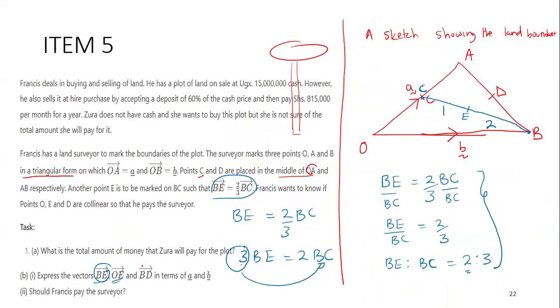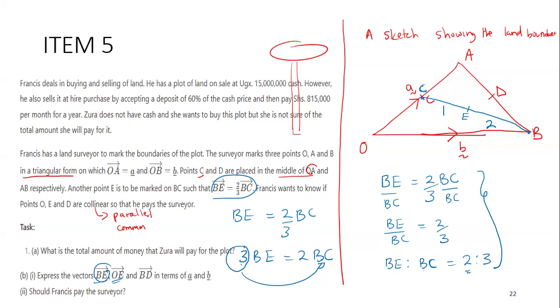They must be collinear. So here in your conclusion, after finding the collinearity, you are going to come and say that since OE is equal to 2ED, then remember collinearity, we say that the two things you need to mention, because you have to prove their collinearity. One is parallelism, that they are parallel, and two, they have a common point. That is your evidence.